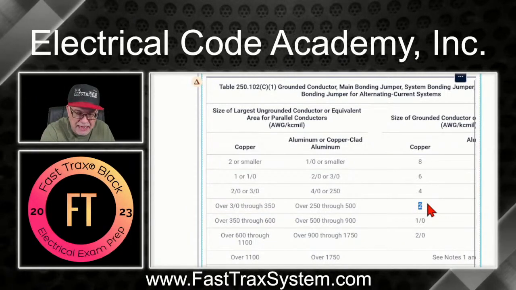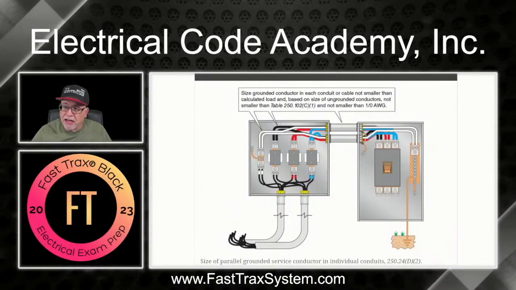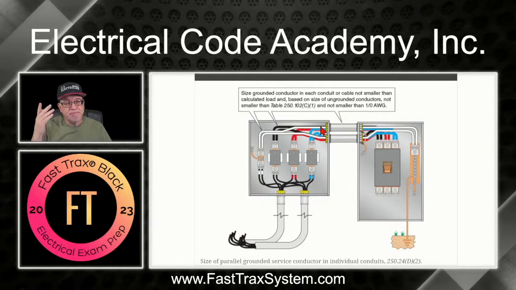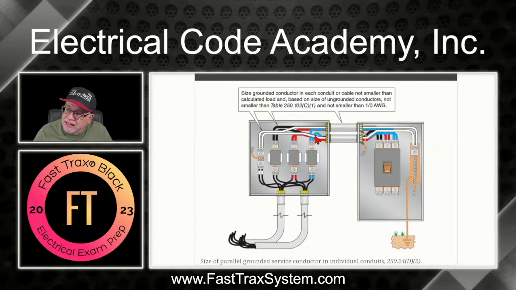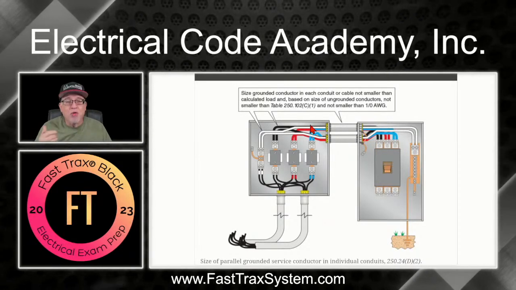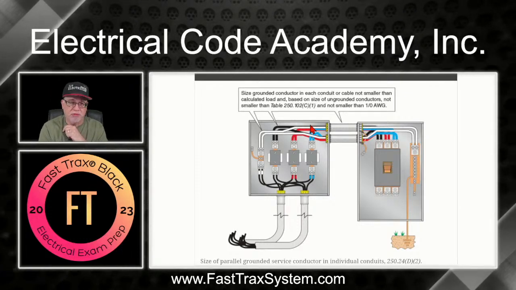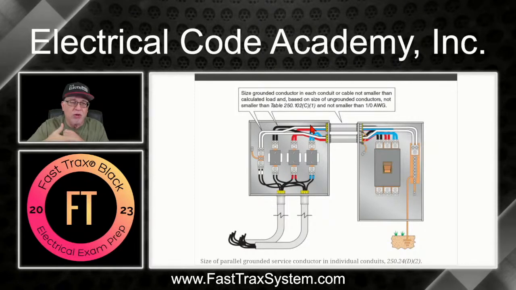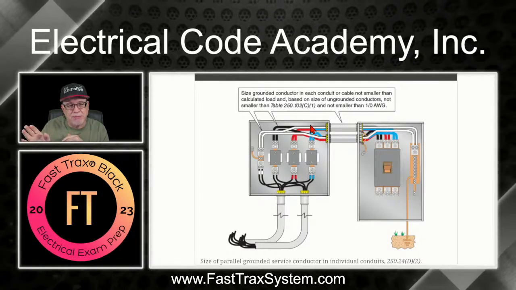So the minimum size grounded conductor right here would be a 2-gauge. Now remember, we're running these in parallel, so you automatically know that it can't be a 2. It would have to be at least a 1/0. But we're just going through the motions, and that's how you would go to the table, okay?